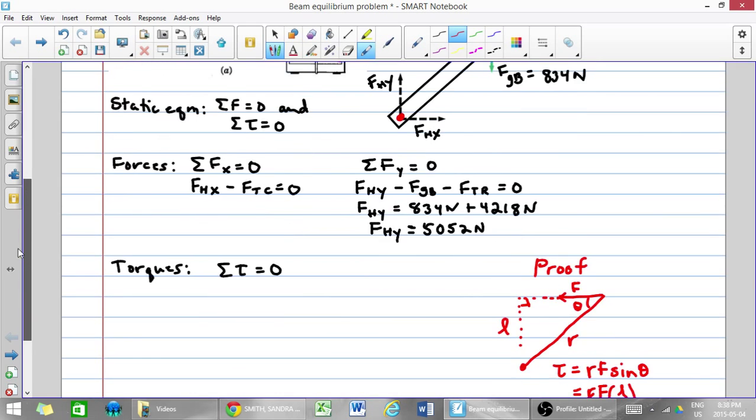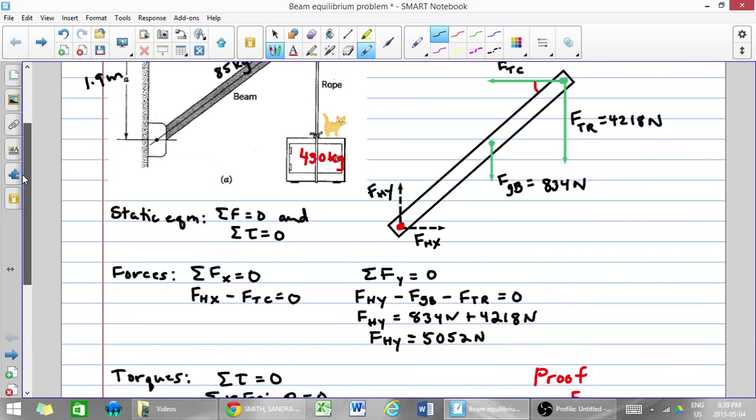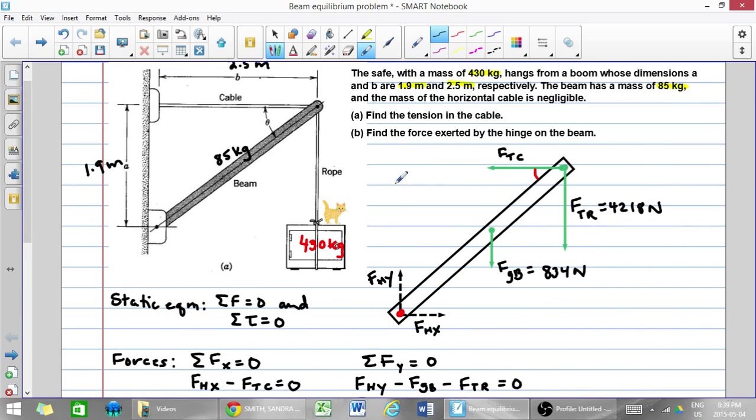All right. So let's just expand this first. Summation of R F sine theta equals 0. And we said for that first torque, 1.9 meters times the tension in the cable. Now for our clockwise torques, let's do the tension in the rope from the hanging safe first.